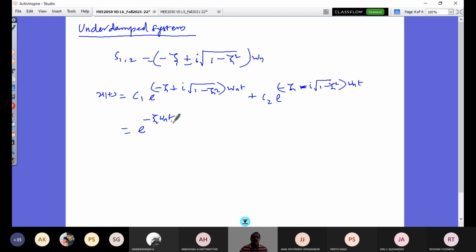If I take this out common, I would have inside C1, and again I will group the C1 and C2 coefficients that are common: C1 plus C2 into cos of root of 1 minus zeta square omega nt. This is outside the radical, please be careful. Plus i into C1 minus C2. See, this is analogous to what we were doing in the last class.